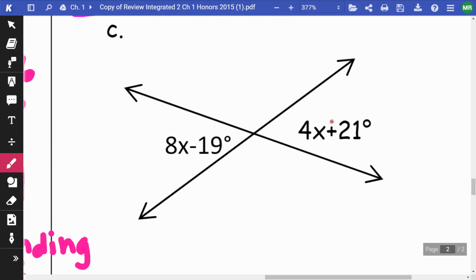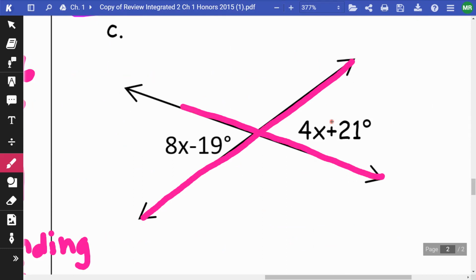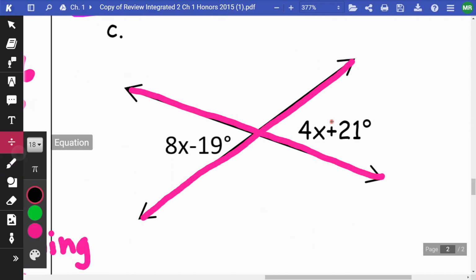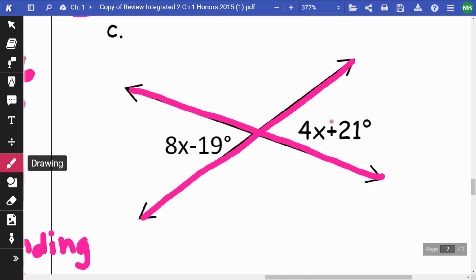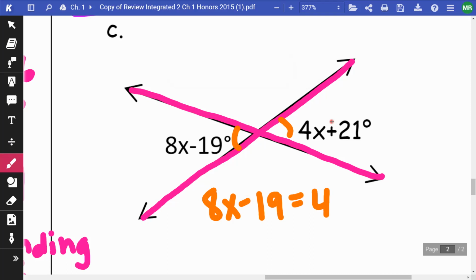On C, I have intersecting lines. When I have intersecting lines, then the opposite angles are congruent. So I'm going to say 8x minus 19 is equal to 4x plus 21. I'm going to subtract 4x from both sides.